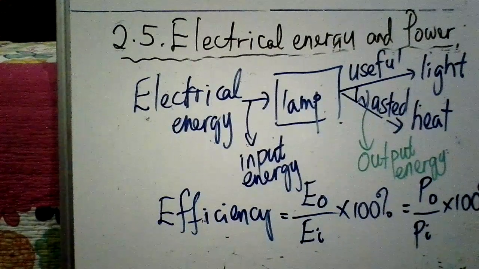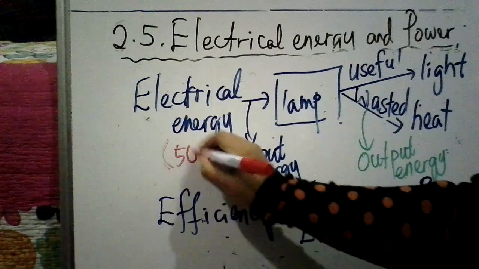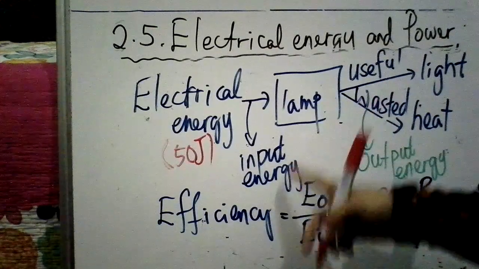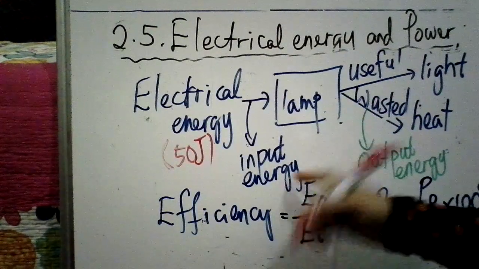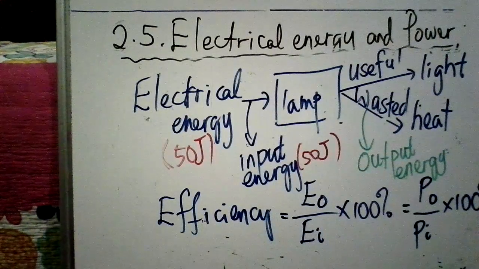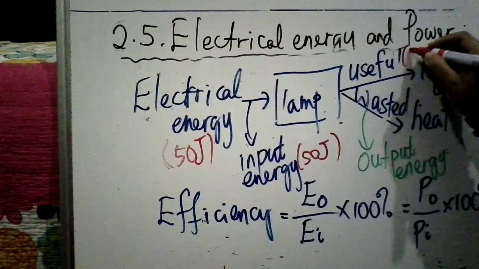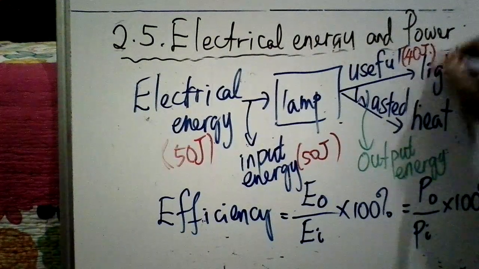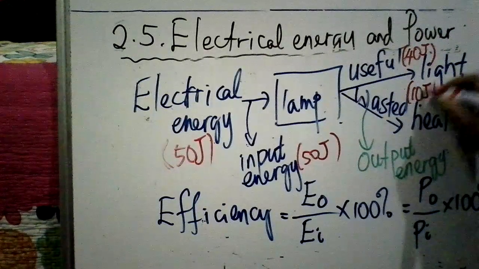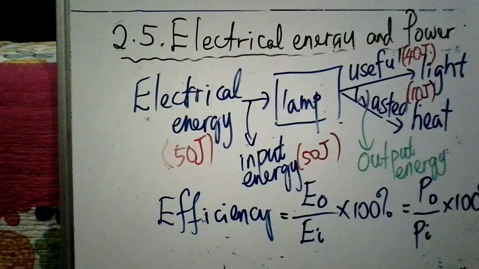Let's say the electrical energy supply is 50 joule. The lamp will receive input energy of 50 joule. The useful energy, let's say, is just about 40 joule. Another 10 joule becomes heat energy. So what is the efficiency of this lamp?